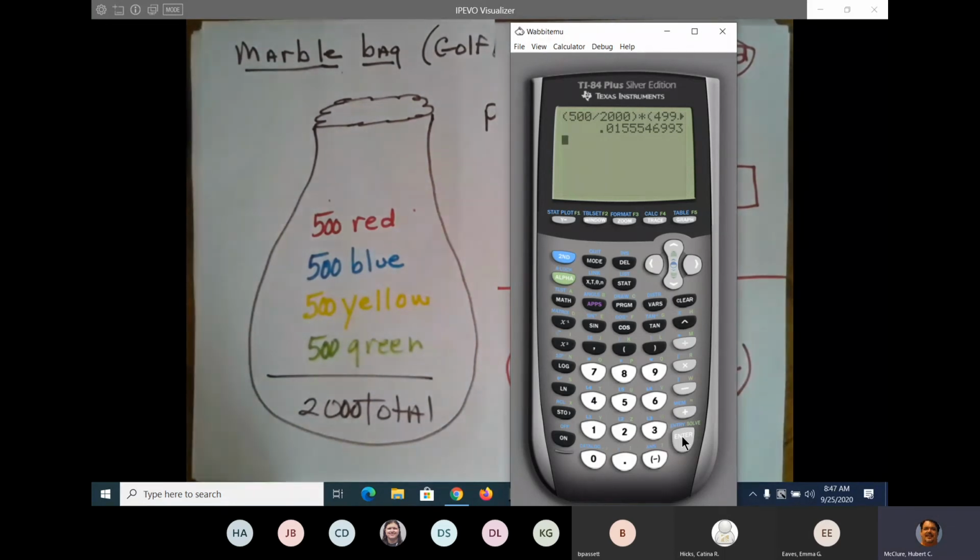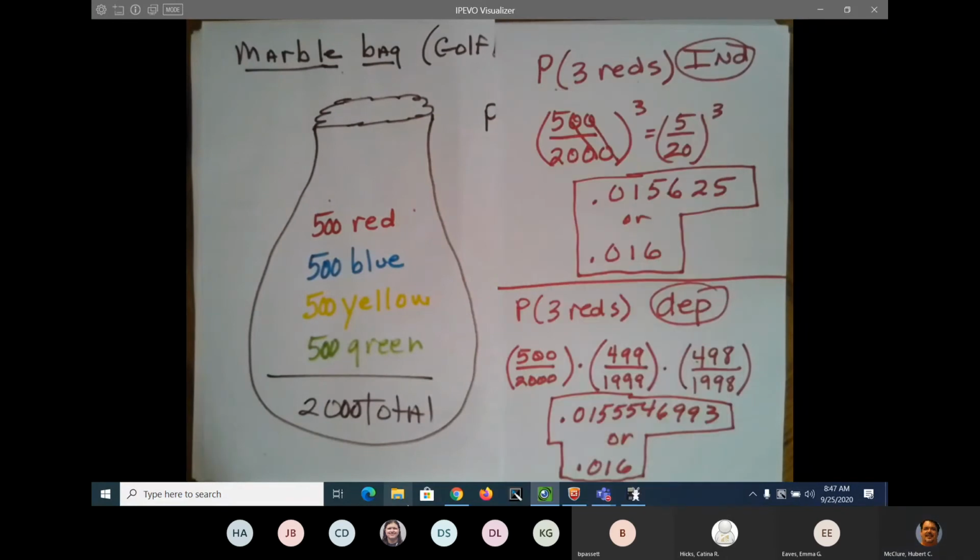Okay, somebody tell me, what do we gather from this example? Are they equal? Will they be equal? They are equal. 0.016, 0.016.